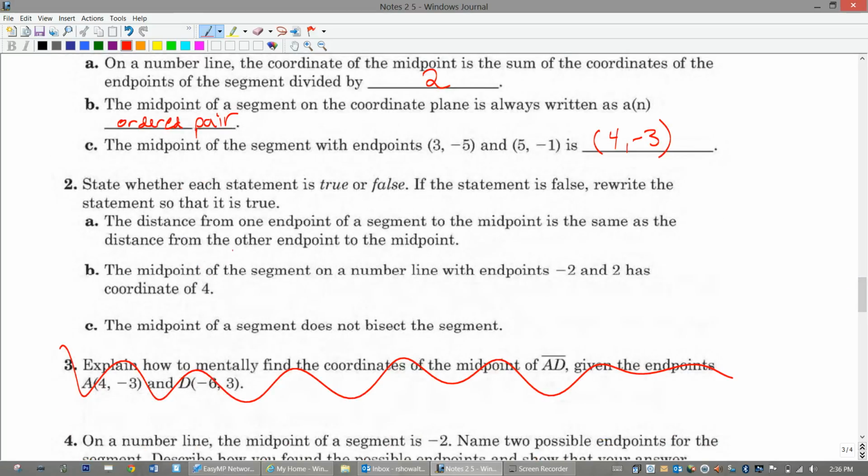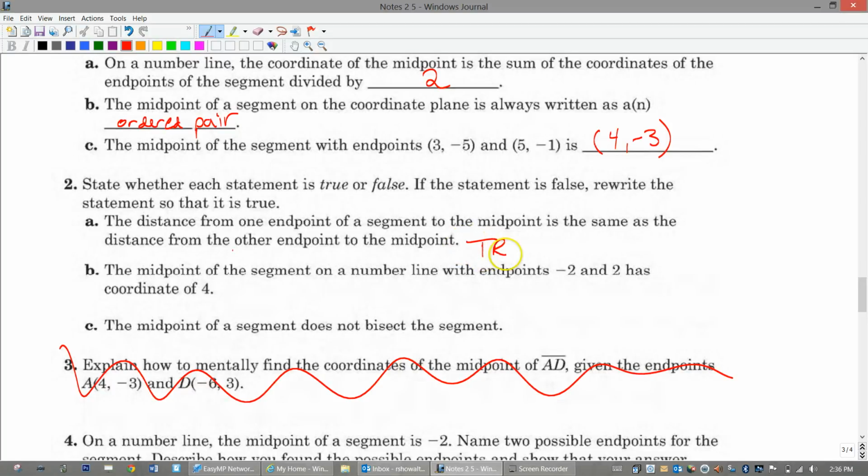State whether the statement is true or false. Number 1, the distance. Oh, by the way, see the second part, just like a lot of you forgot to do on the quiz, explain or change the underlined words if it is false to make it true. Okay? On the quiz, not the test. The distance from one endpoint of a segment to the midpoint is the same as the distance from the other endpoint to the midpoint.